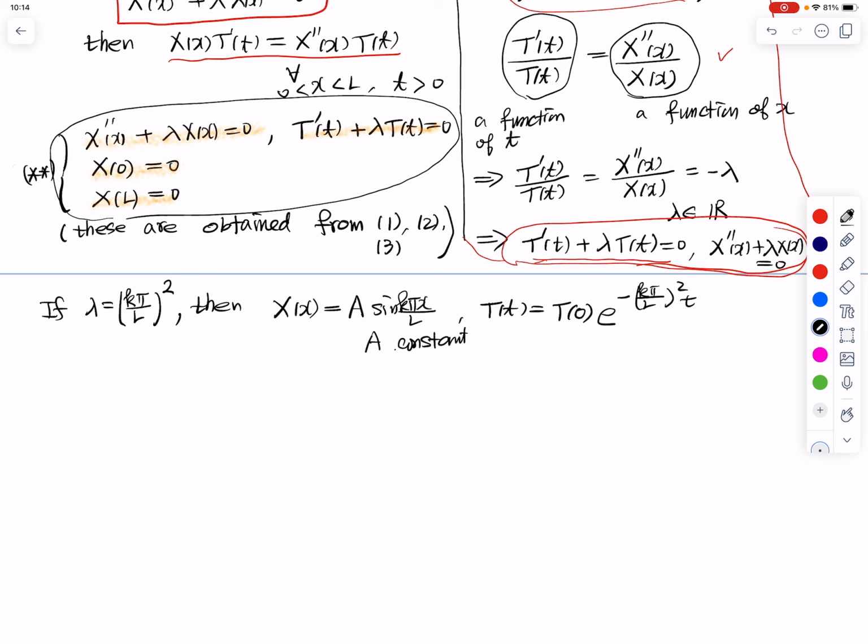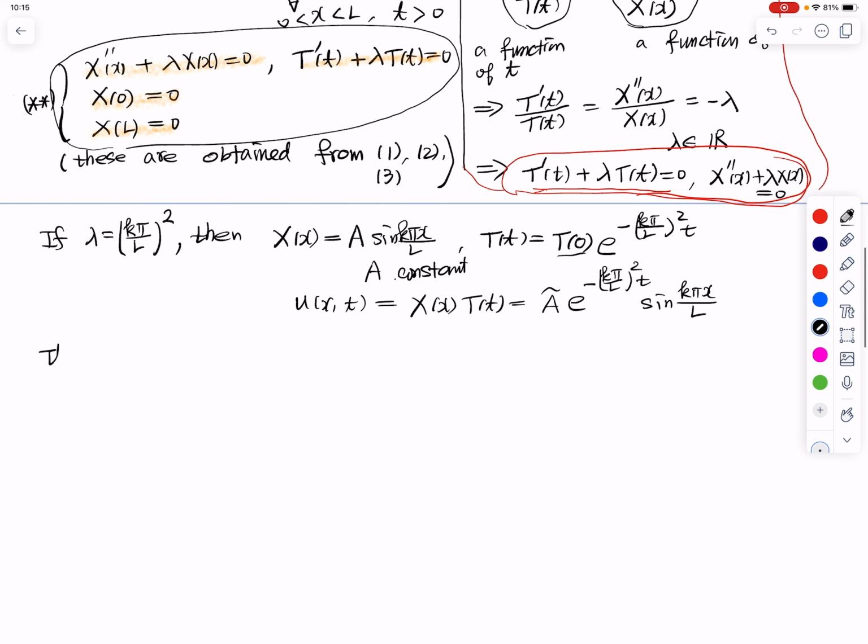So then u(x,t) becomes X(x)T(t). Anyway, T0 is a constant. I call another constant A tilde: e to the minus k pi divided by L squared t, sine k pi x divided by L.